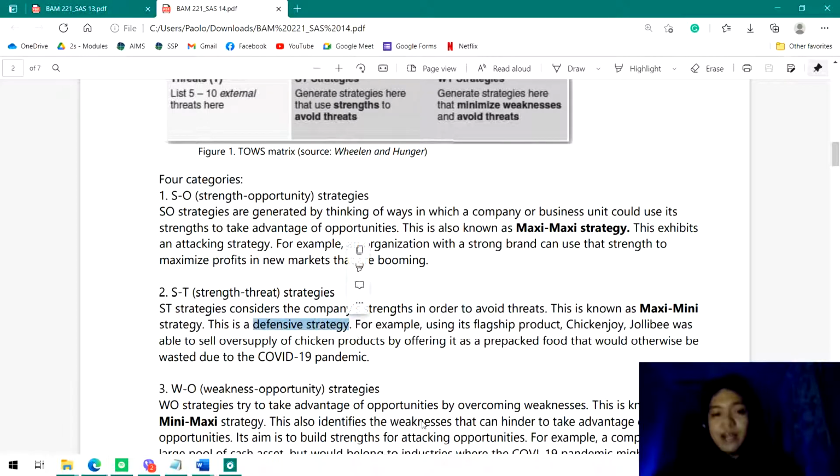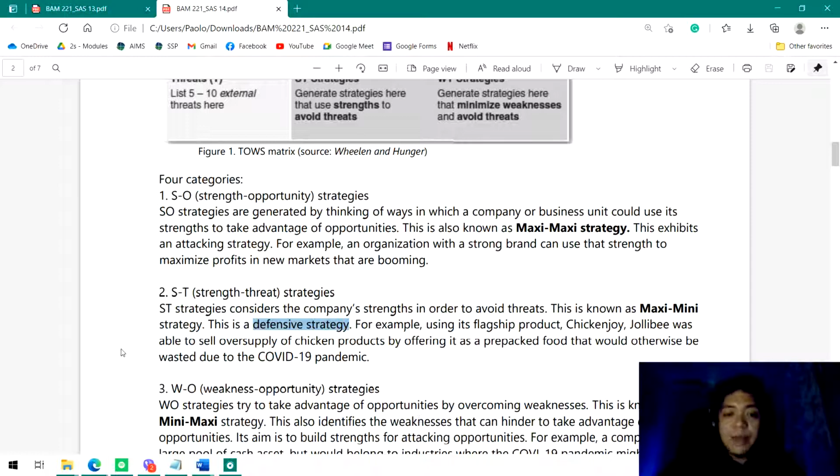Of course, if you are trying to avoid threats, ibig sabihin you are taking a defensive stance. You are trying to maintain your current position. You are trying to protect the current status of your company. You are trying to avoid threats by utilizing the company's strength.